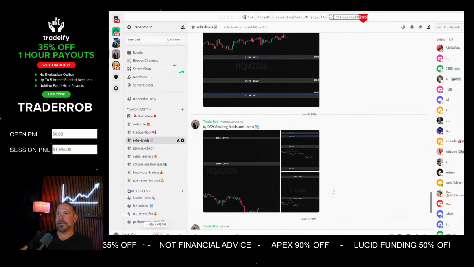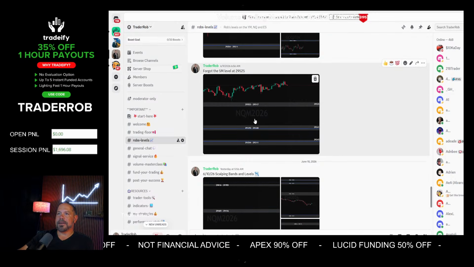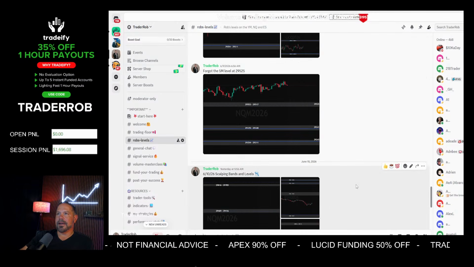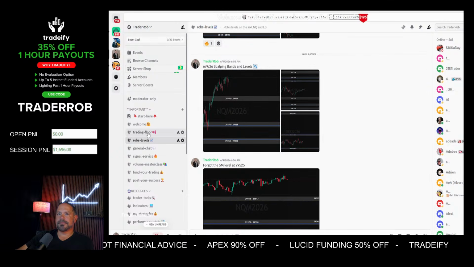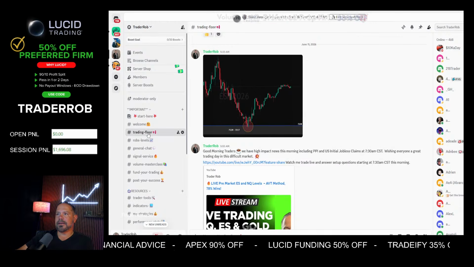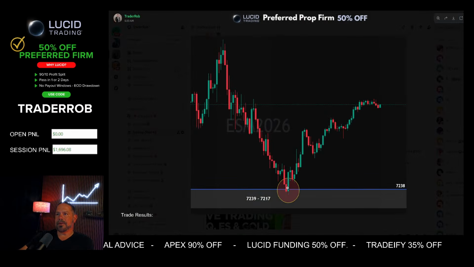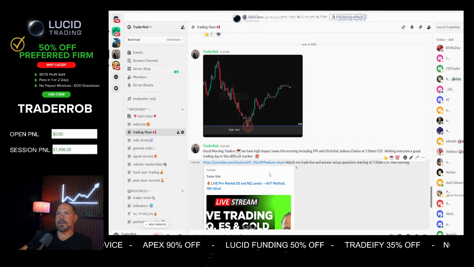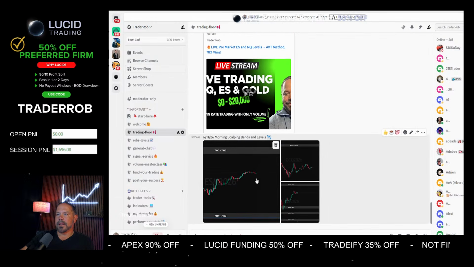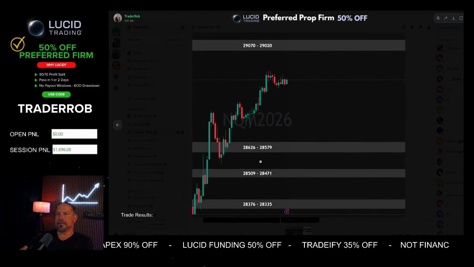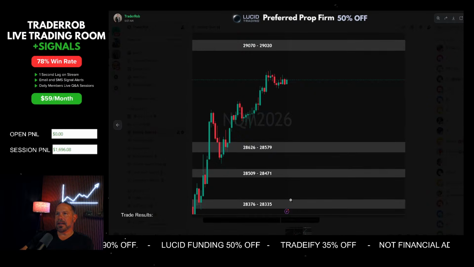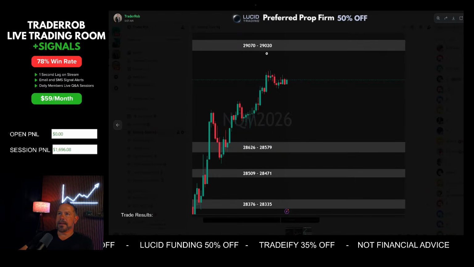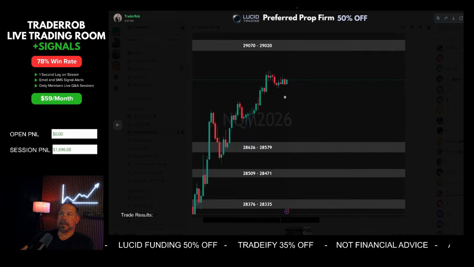Everything you see on my screen, minus the current price action, is on there. That was the ES one that I just posted. For today, these are the levels. These are the bands that I have on the NQ. These are my daily bands, the ones I typically am scalping off of.